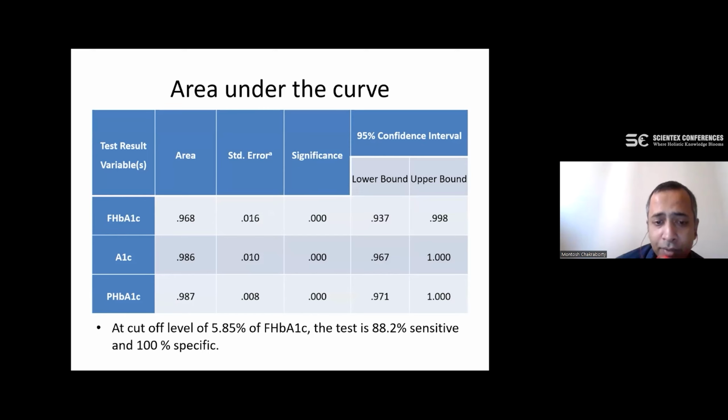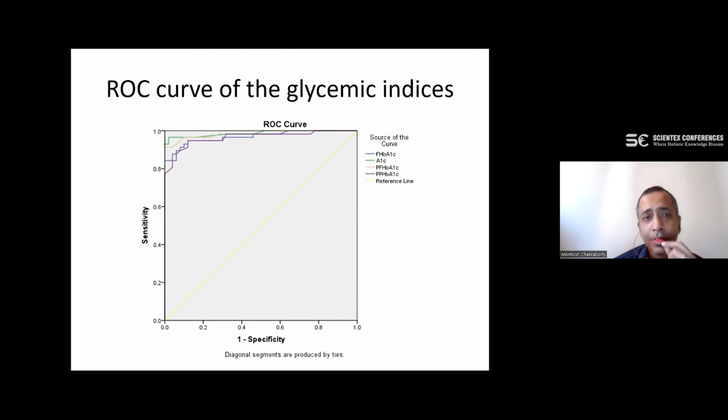So at a cutoff level of 5.85% of fructosaminated HbA1c, the test has very high sensitivity and is 100% specific. And the area under the curve was also very high, in line with the standard parameters, that is HbA1c and predicted HbA1c.